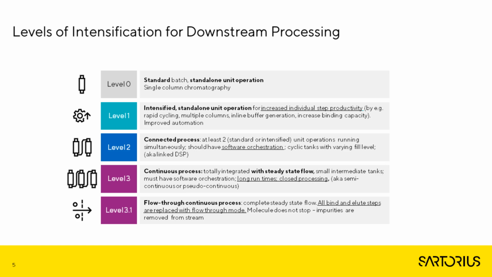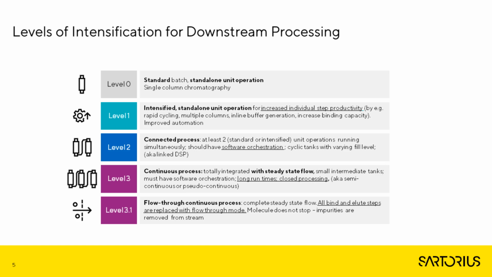On level 1, we are still talking about standalone unit operations, but these are intensified now for increased individual step productivity and improved automation on the unit level. So this can be achieved, for example, by rapid cycling, multi-column chromatography, improved buffer management, or increased binding capacity.